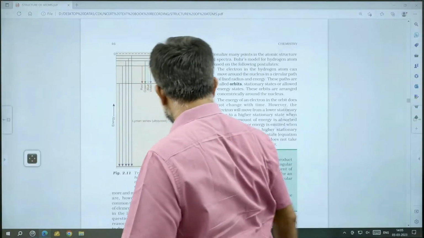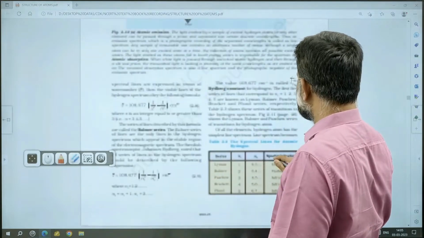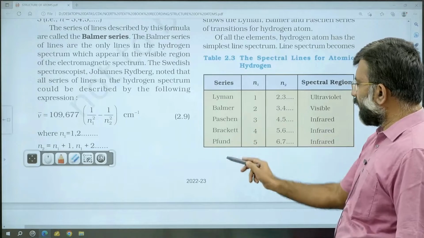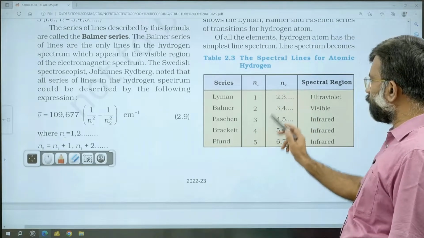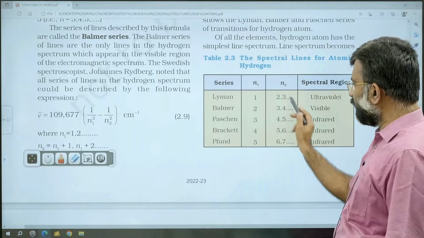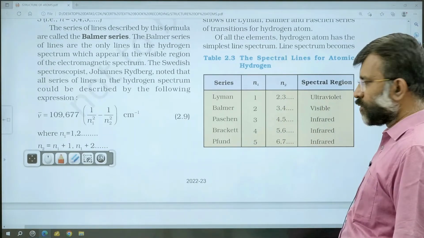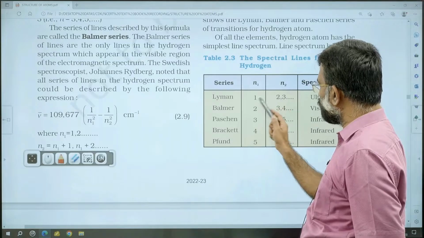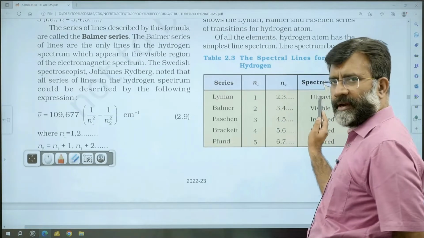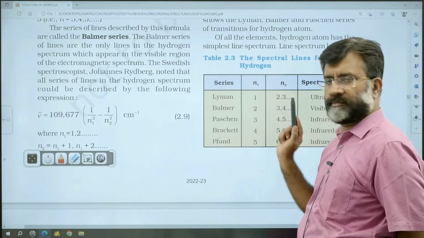Hope you see this table. The name of the series, n1, n2. n2 is the excited state, n1 is the de-exciting state. So an excited electron coming from 2 to 1, 3 to 1, 4 to 1, that is the ultraviolet region, Lyman series.